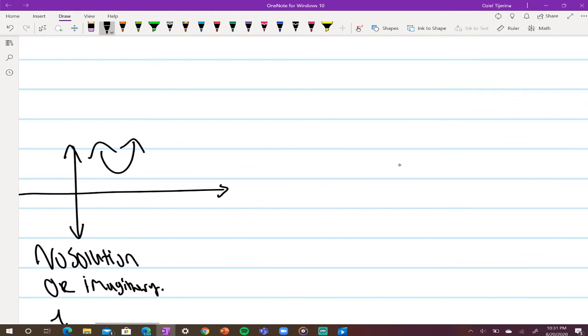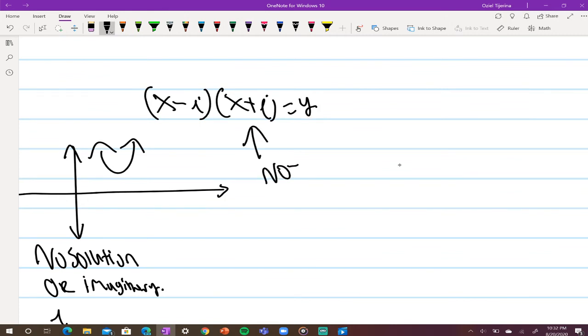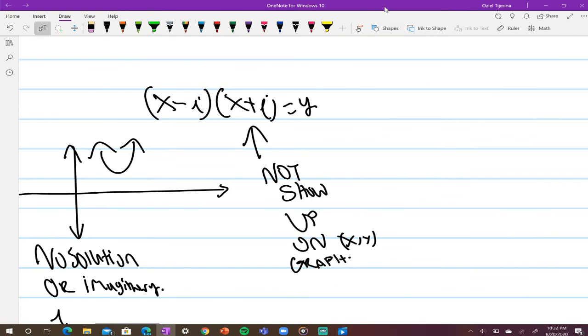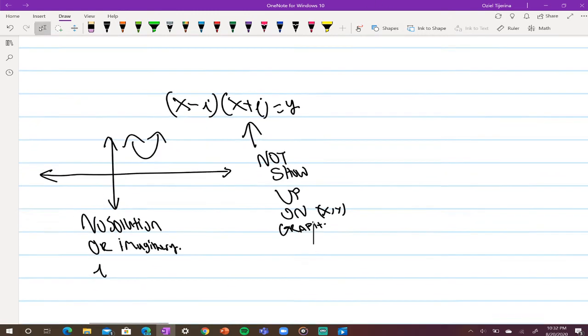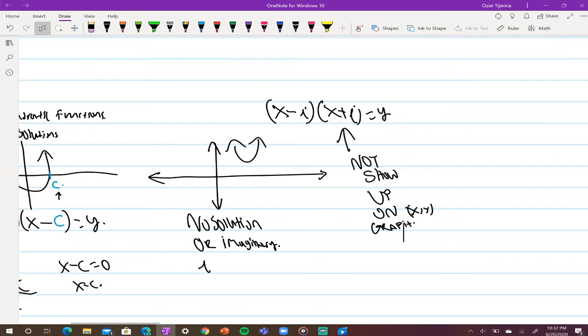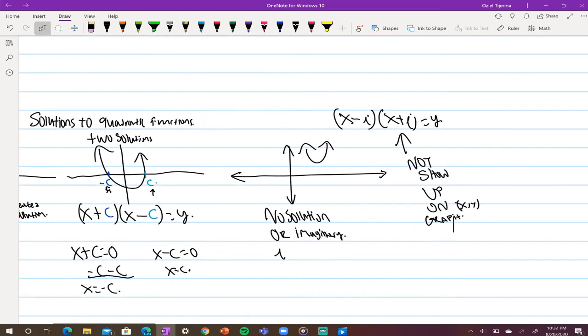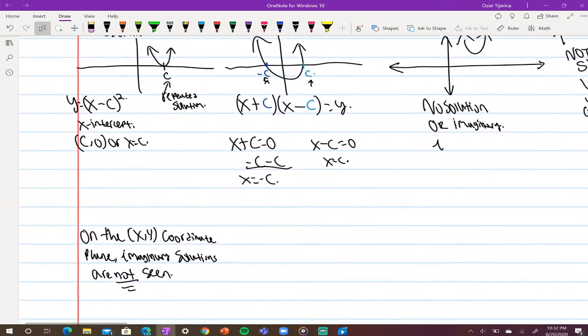If you try to say x minus i times x plus i equals y, this will not show up on the xy graph, because it's imaginary. Imaginary means that we can't really tell where it's going to be.